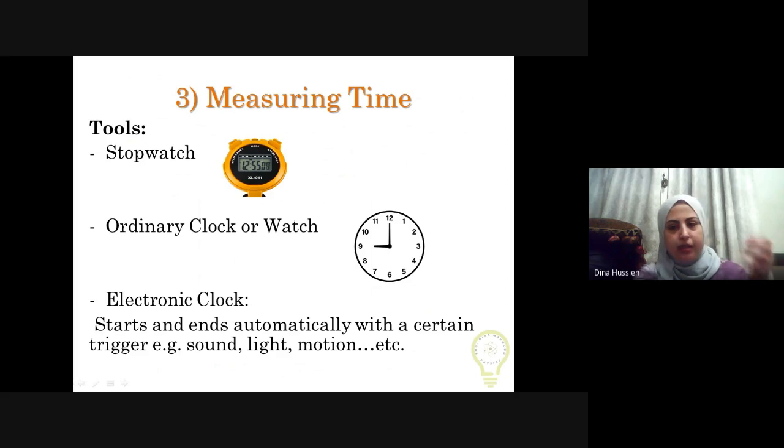I'm clicking at the beginning and I'm clicking at the end. So what can be the error in this measurement? What can cause an error in this measurement? Is anyone writing? Waiting.